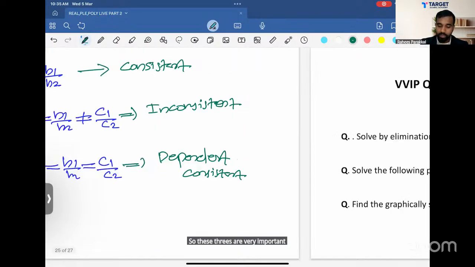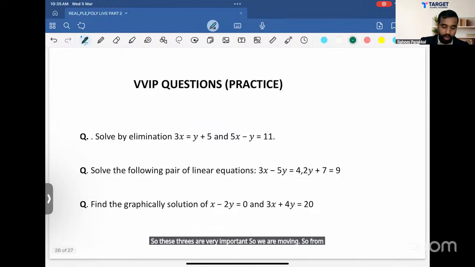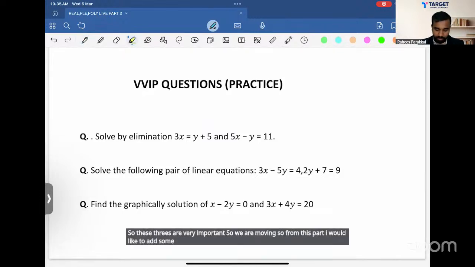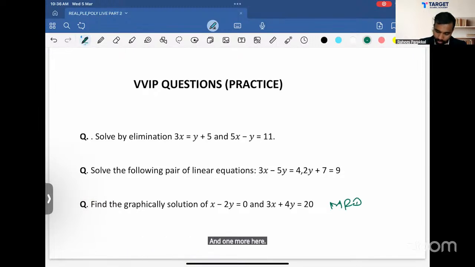So we are moving. From this part, I would like to add some extra previous questions. Solve graphically. This is a very most repeated question. And one more here. Solve the following linear equations based on these three.